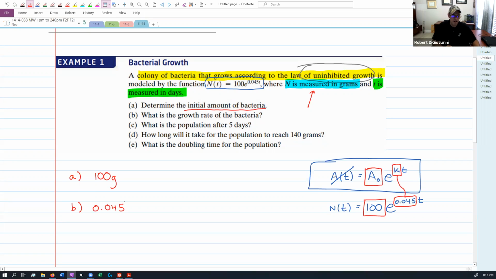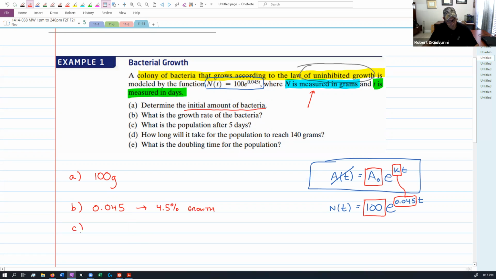It's not time or anything else. It's just the rate that we're growing. If you want to, it's not wrong, you could convert it to a percentage by moving the decimal point 2 places to the right. So you could say its growth rate is 4.5% growth.